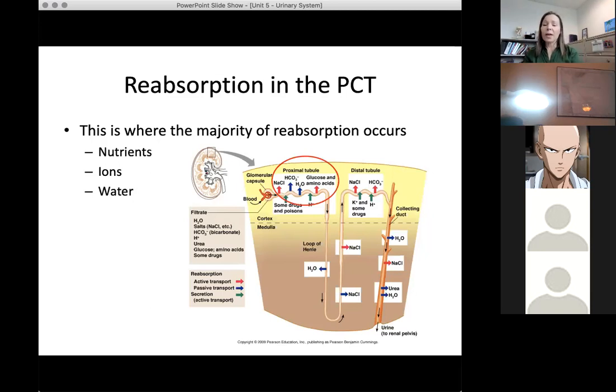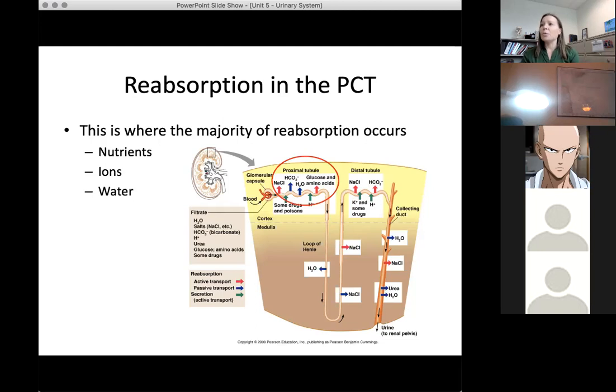Those are all things that are very, very useful for the body, either for energy or for making new structures, like the amino acids are used to make new proteins. Because they're so valuable, you want to reabsorb all of them that you possibly can. You don't want to just have them come out in urine. You want to keep them. So all of those substances get reabsorbed.